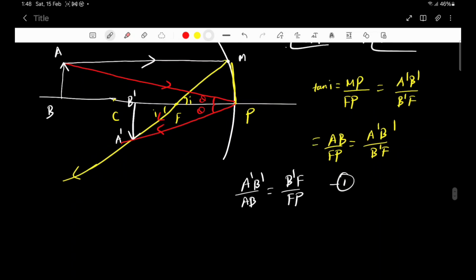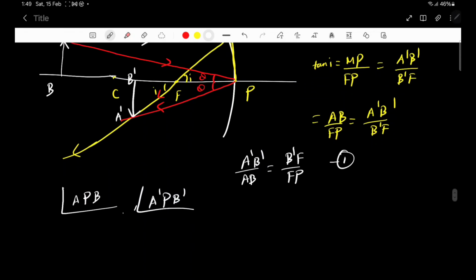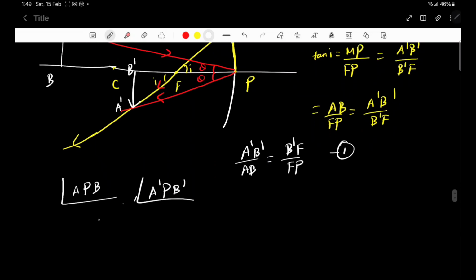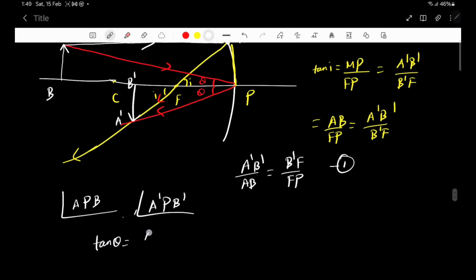Similarly, consider these two triangles APB and A dash P B dash. You know that these two triangles are similar triangles, right? So, again I can write tan theta is equal to opposite side AB, adjacent side BP.